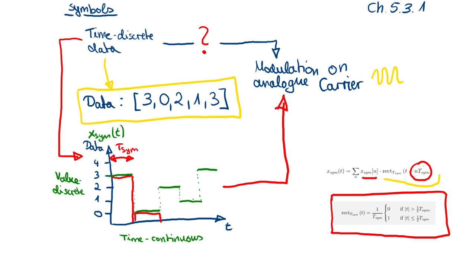So what you see here is a theoretical approach to represent the data. So the data is here represented by numbers, and these numbers are plotted over time. But there are different representations of data.